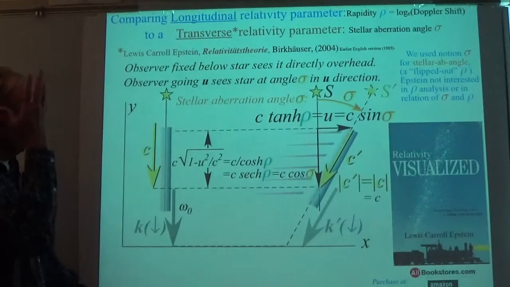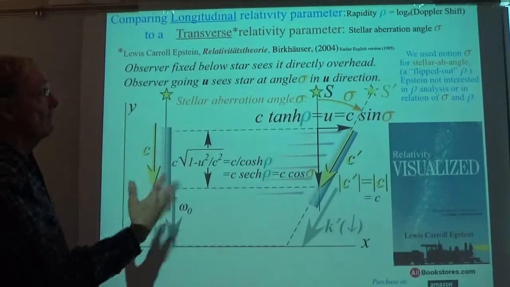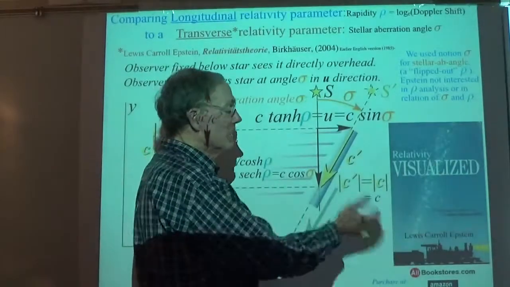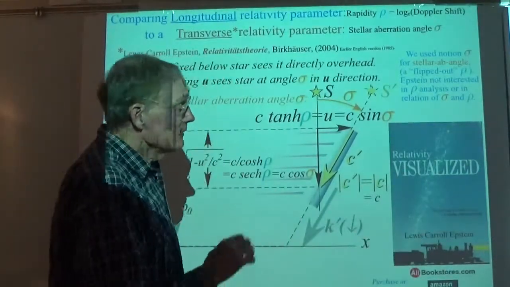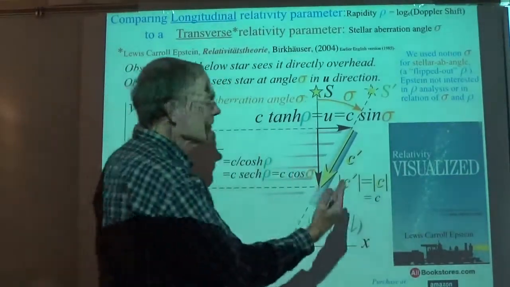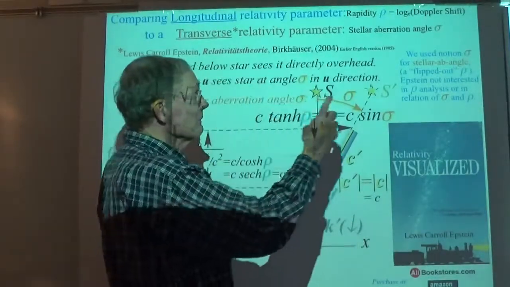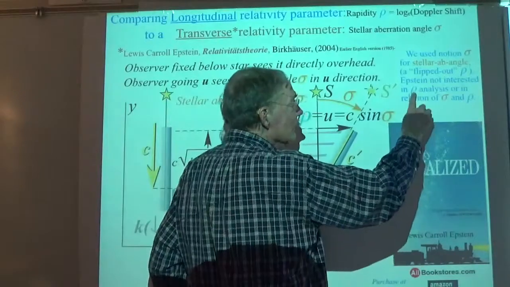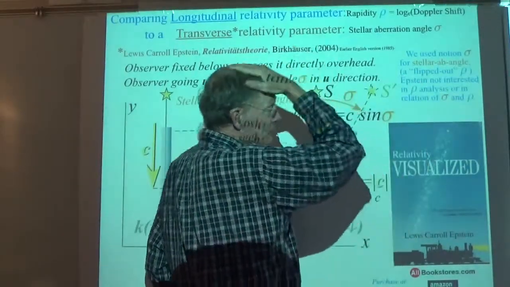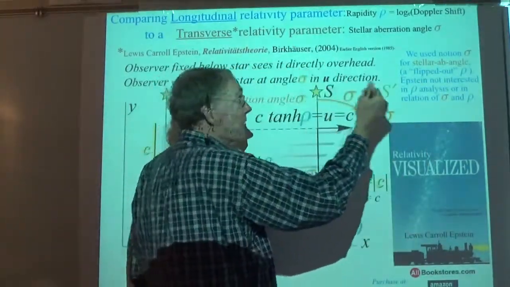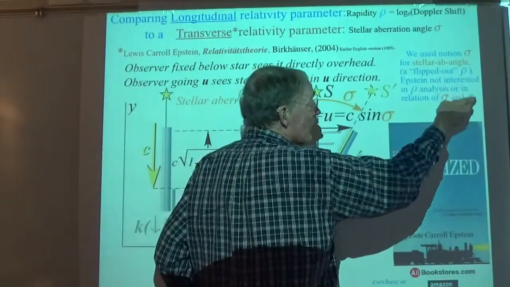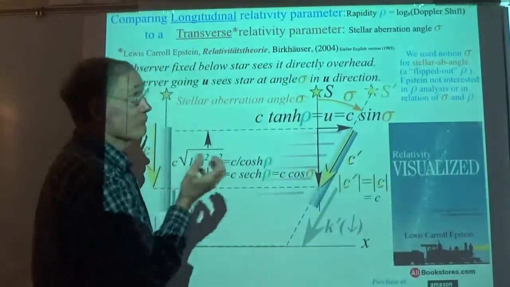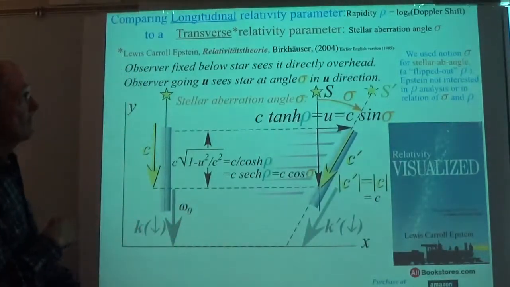Here's where I want to get you introduced to yet another way to look at relativity. But this one was very incomplete, because Epstein was not interested in rho analysis, seemed not to be aware of it, and therefore not interested in the relation between these two, which is really key.